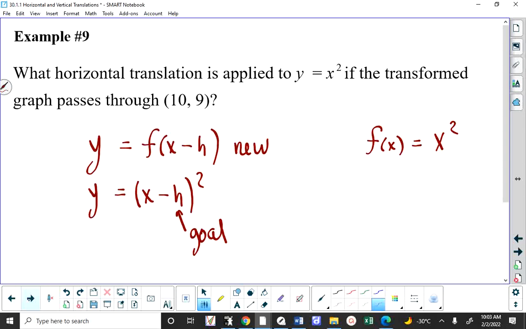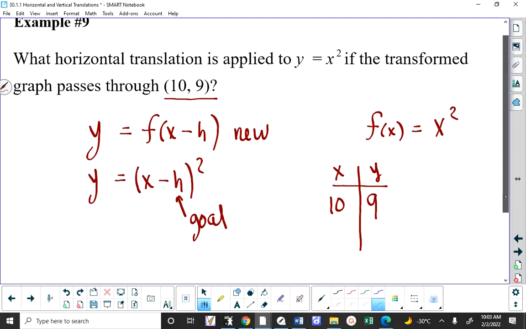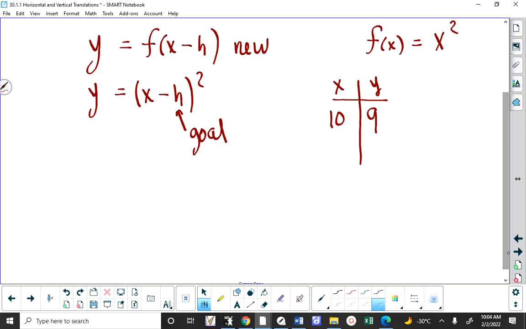So how do we determine the missing parameter? We load in an ordered pair, which in this case will be (10, 9), because if the graph passes through (10, 9), when x is 10, y will be 9. When you put 10 in for x, you have to get 9 coming out for y.